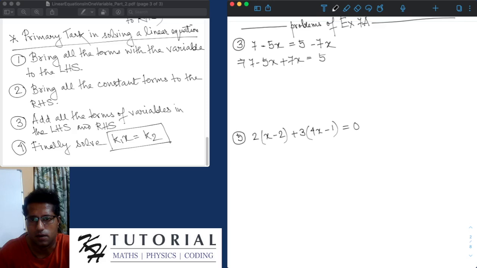Now I will bring all the constant terms to the RHS. There is a constant term 7 in the LHS. I will bring it to the RHS and its sign will change. So this becomes minus 5x plus 7x equals 5 minus 7.